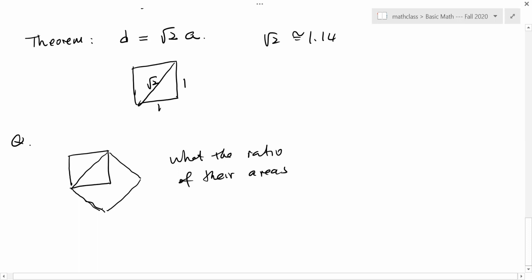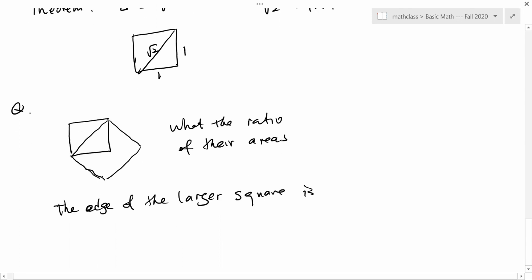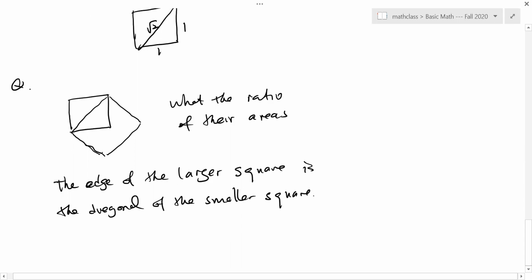The edge of the largest square is the diagonal of the smallest square. So let's compare the ratio of the areas. There are many ways to do that, but let's try. I'll give you 1 minute to think about it.